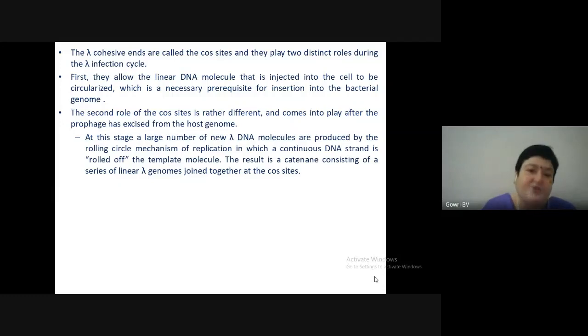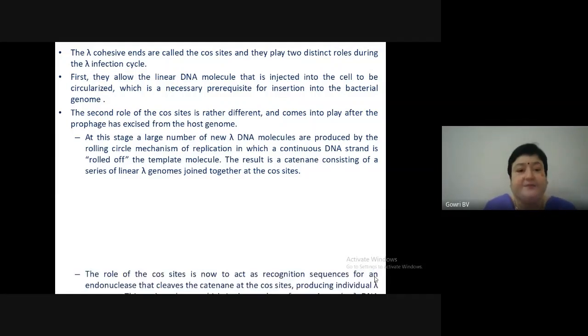If you look at the picture, you will understand things extremely well. So replication has to take place for multiplication, and the mechanism is the rolling circle mechanism of replication.